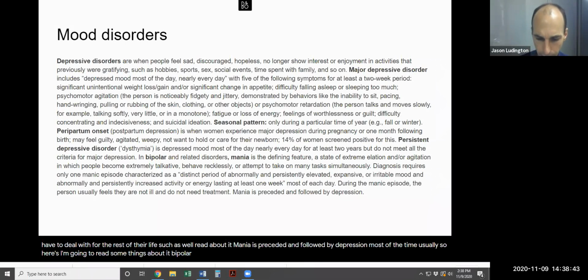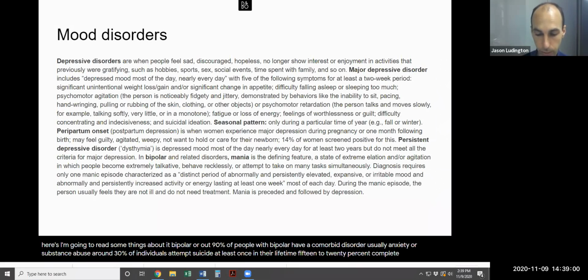Bipolar. Around 90% of people with bipolar have a comorbid disorder, usually anxiety or substance abuse. Around 30% of individuals attempt suicide at least once in their lifetime. 15 to 20% complete suicide.